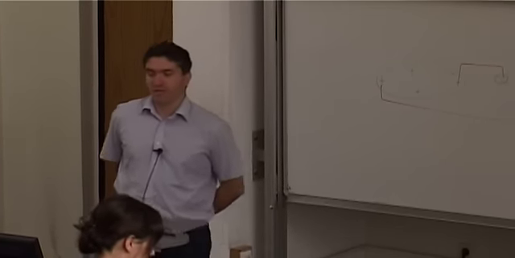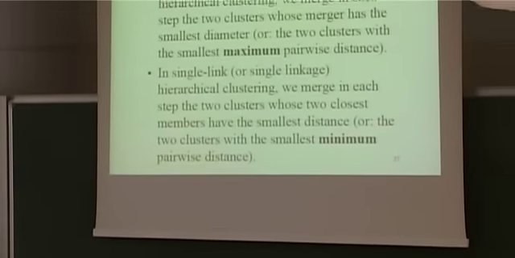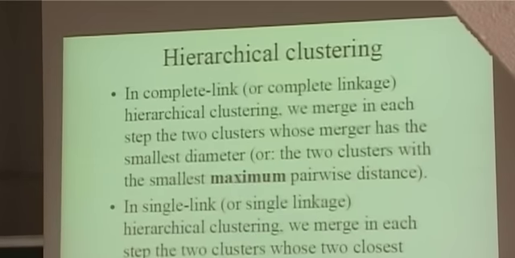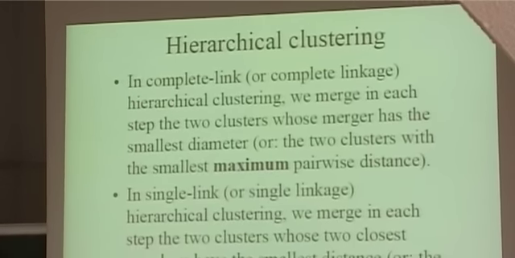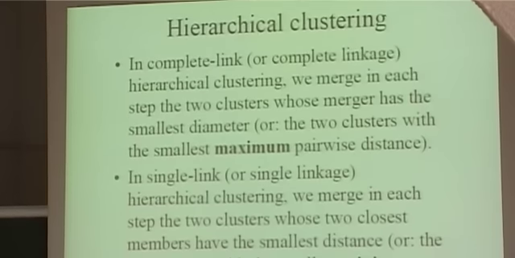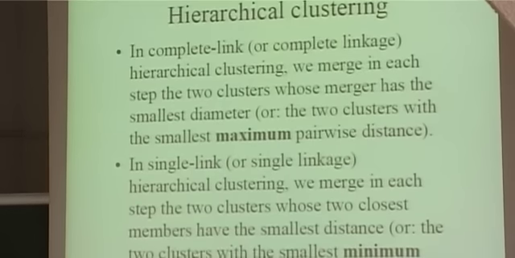So in complete linkage clustering, the distance between two clusters is defined as the distance between their farthest points. In other words, when we merge two clusters in each step, we try to merge the ones which have the smallest diameter.